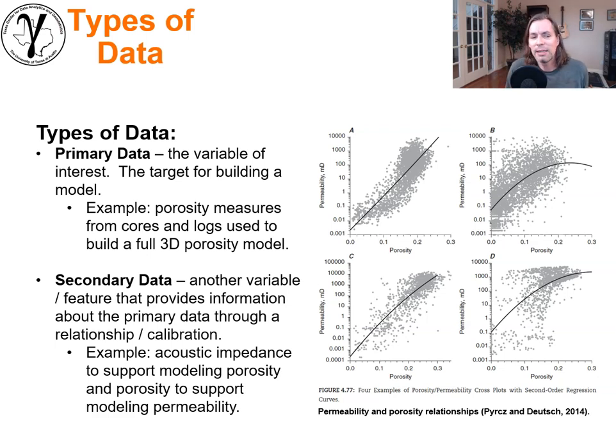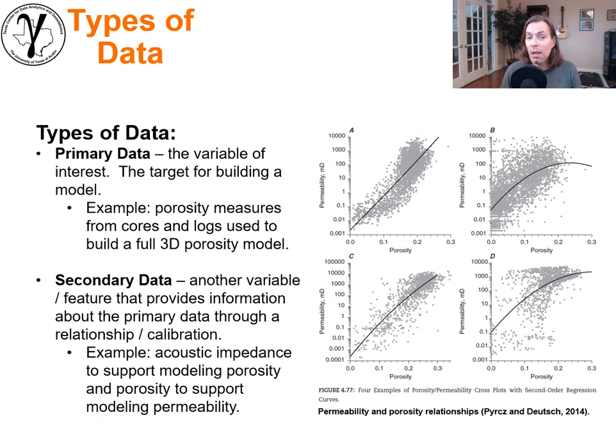Now, another way to look at data is primary and secondary data. Not a big deal. This is a relative assignment. It's going to depend on what you're modeling at the moment. If I'm building a porosity model right now, the primary data is all of the porosity data that I've measured at the sample locations.